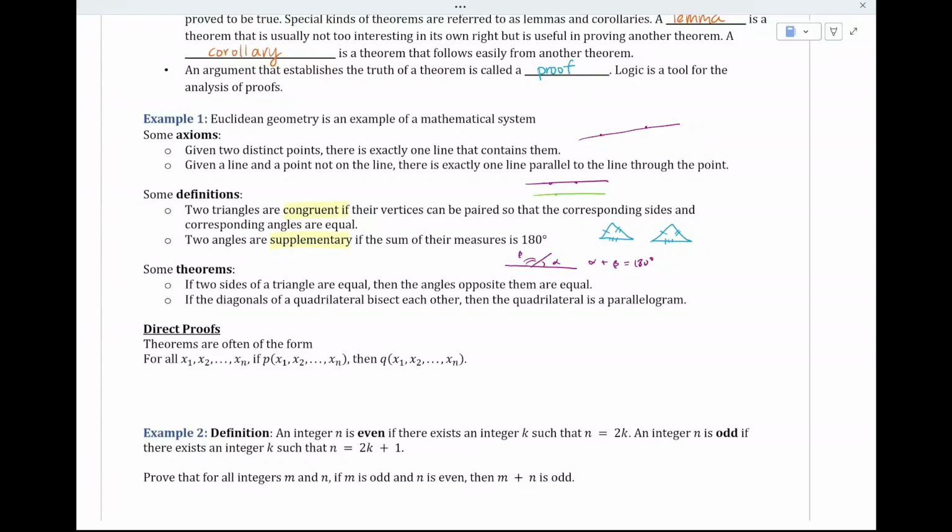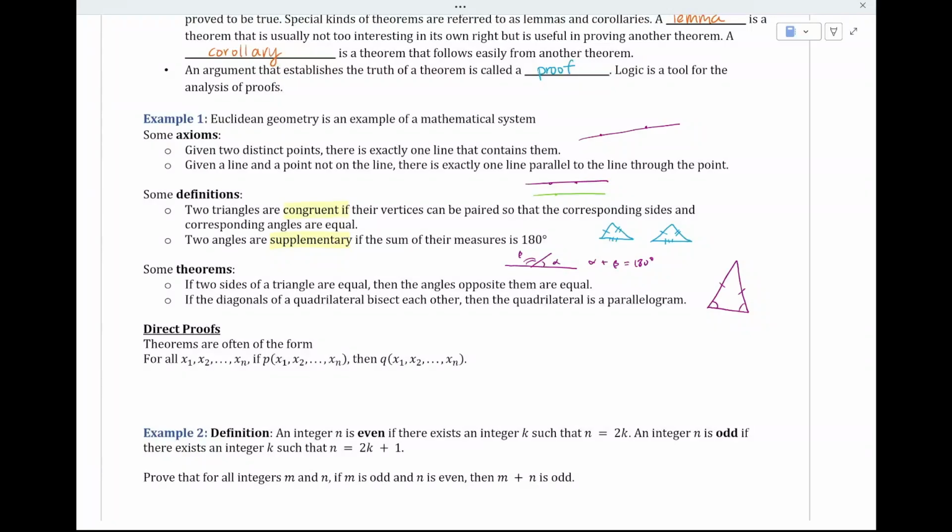And then using a combination of our axioms and our definitions, we could prove these two theorems. The first one is, if two sides of a triangle are equal, then the angles opposite them are equal. So here's our triangle. This side is equal to this side. We can use these definitions, other definitions as well, to prove that this angle is actually equal to that angle. That's a theorem that we could prove.